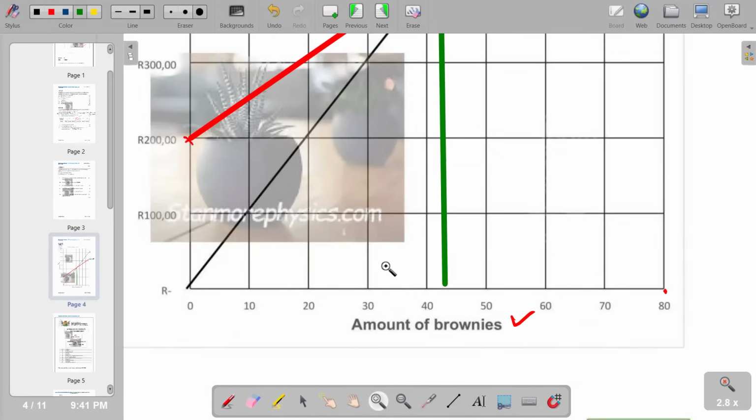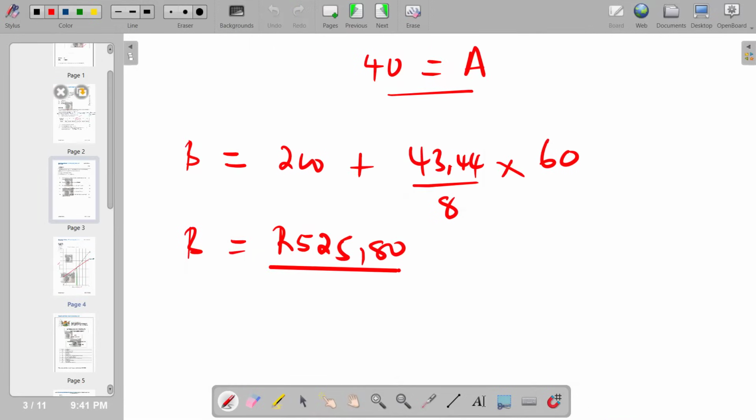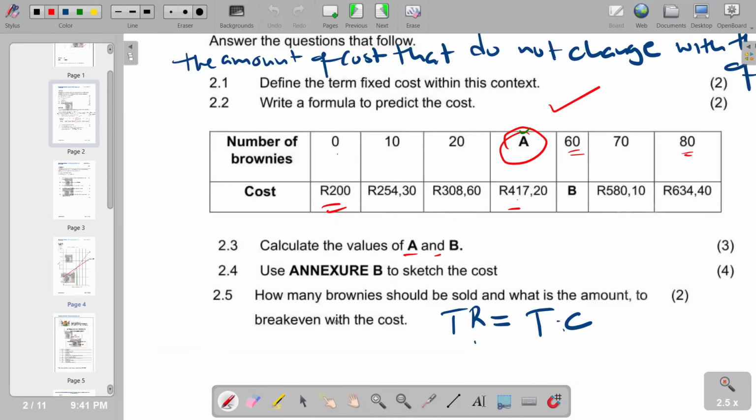So it can break even at 43. We are saying this point can be 42 or 43. So 43 is where we have the break even. So the number of brownies is 43. So basically, this is what we have in terms of our question 2.